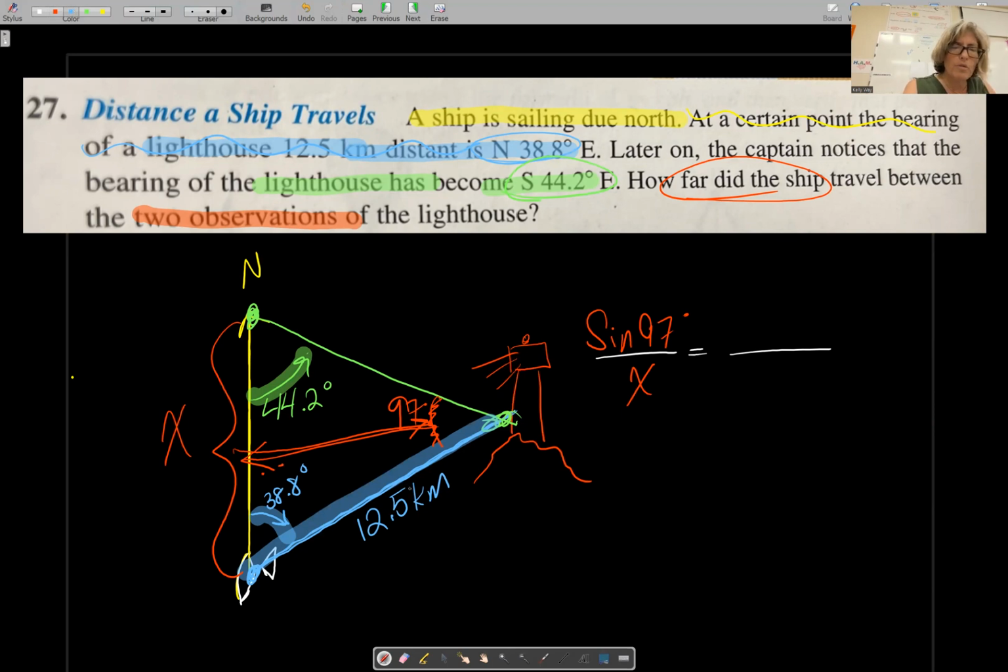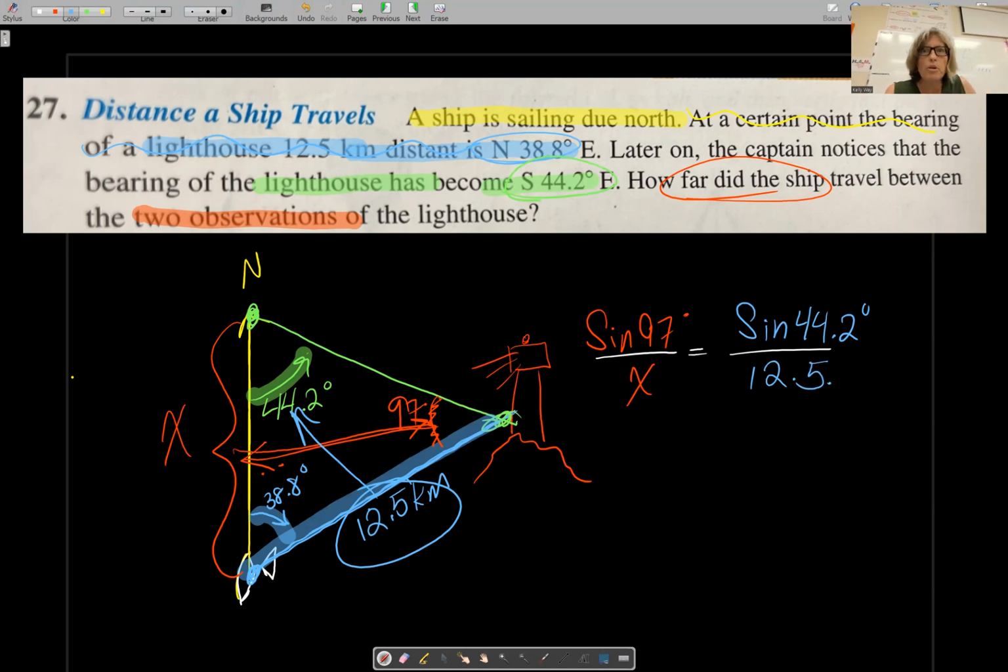Then we have to find the angle that's opposite of this, so that's the sine of 44.2 over 12.5. It's really important in general that you don't touch a calculator until your variable is completely by itself. So we're going to cross multiply, keeping parentheses around these.